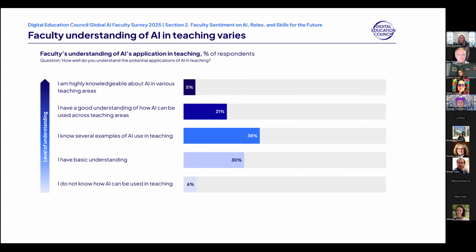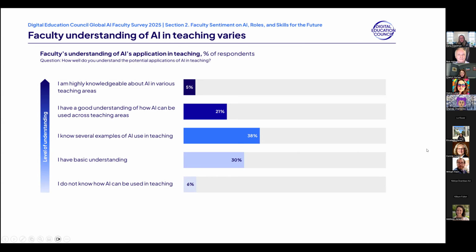So those are some of the ways they're using it, but they don't necessarily have a high level of understanding of it. Only 5% believe they are highly knowledgeable about AI in various teaching areas, and most of them land somewhere in the middle: I know several examples of AI use in teaching.